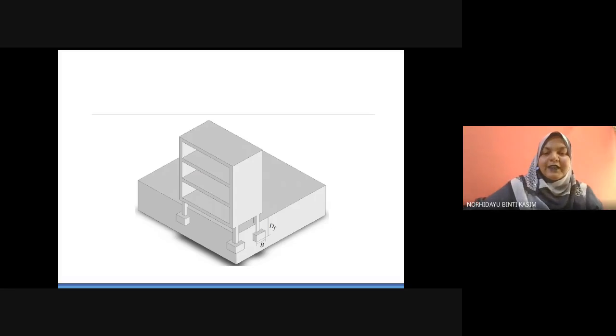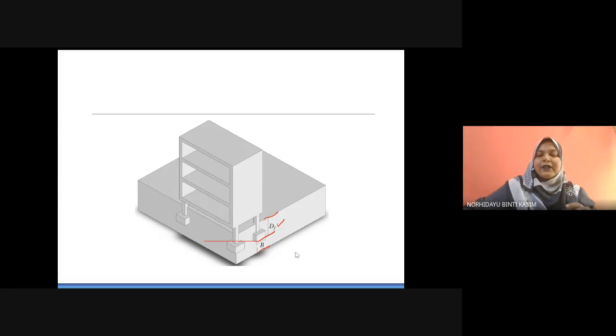So this is the explanation of Df. Df means from the surface to the bottom of the foundation. And B is the width of the foundation.